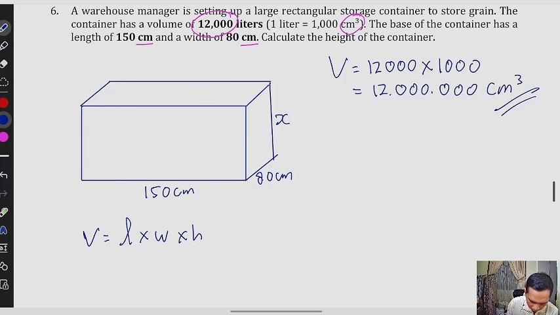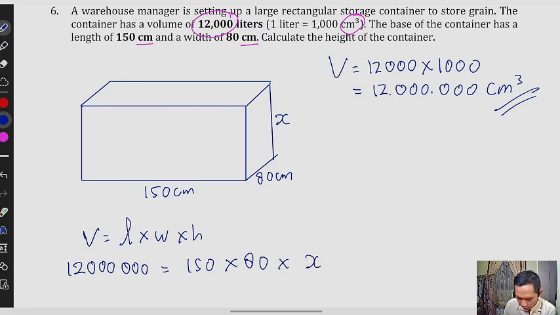So we have 12 million for the volume, the length is 150, times the width 80, and then times h. Let's not use x, so we don't mix it up with the multiply sign. So let's make it height, h.